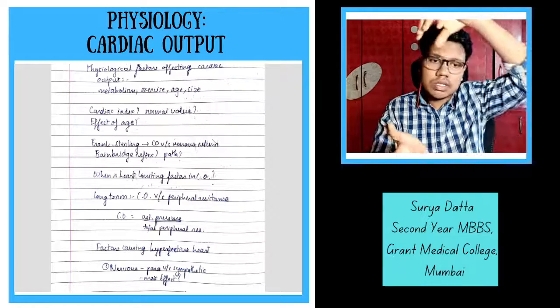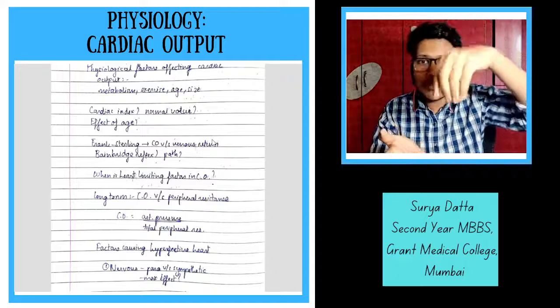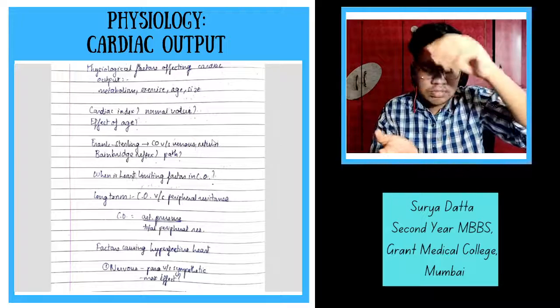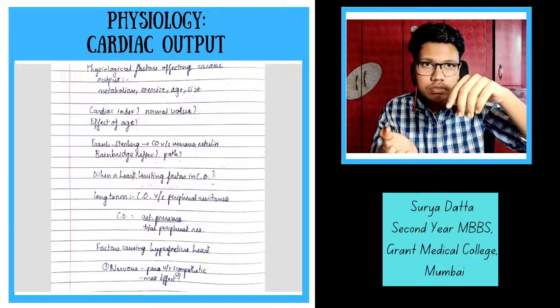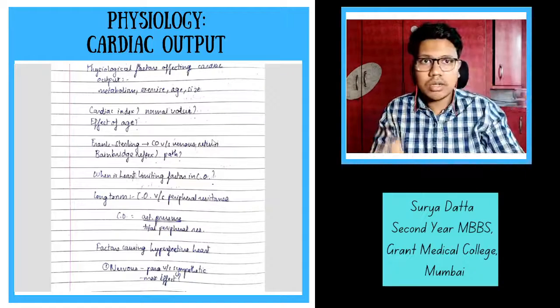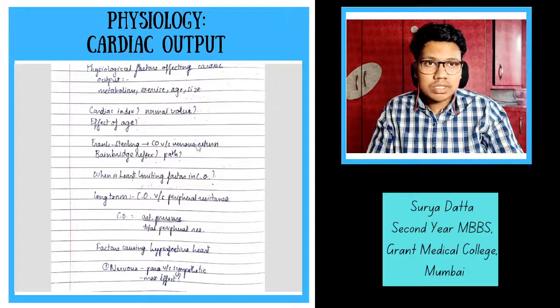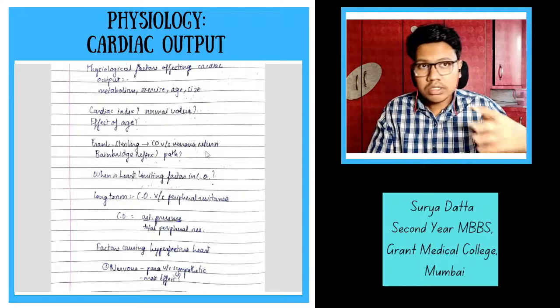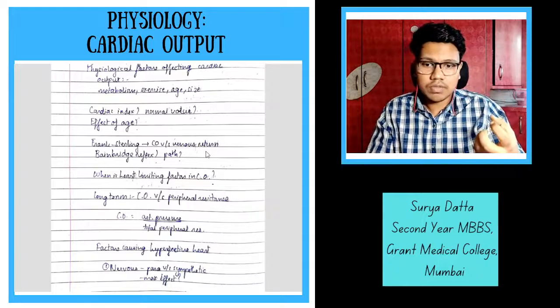Why? Because in the diastole, the venous return is just the blood that is coming through the atria, right? The right atrium. It's going to go through there and deposit in the right ventricle. So that is basically the venous return. According to Frank-Starling, the end diastolic volume increases as the venous return increases, which in turn increases the contraction of the heart, right?